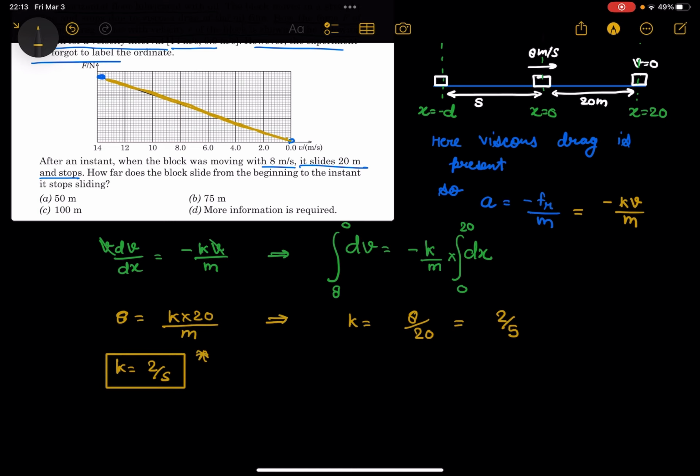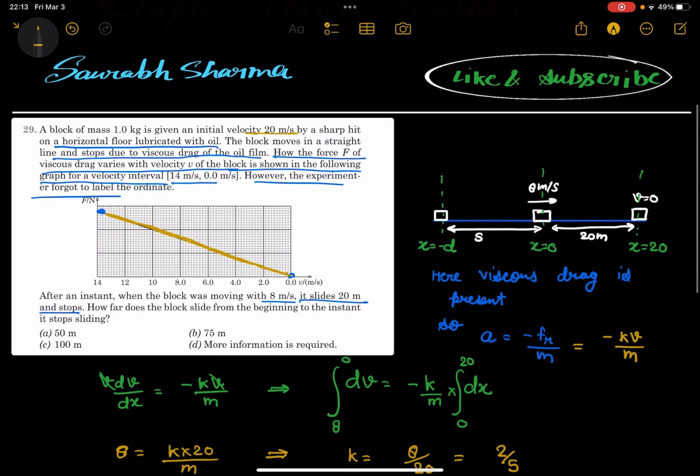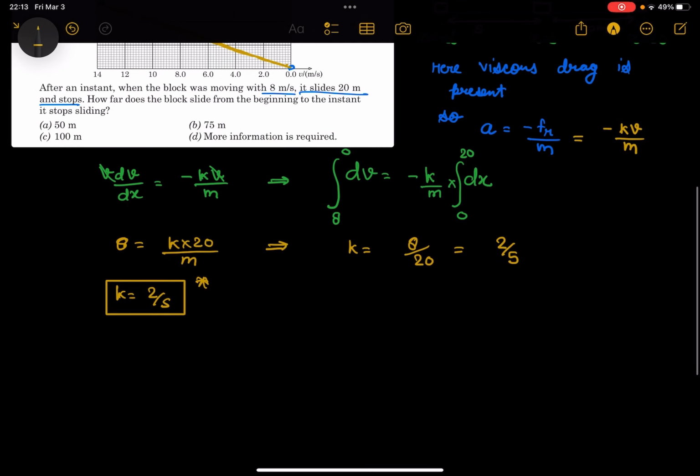Now we know the initial velocity. In this question the initial velocity is given as 20 meters per second, so the velocity here is 20 meters per second. We can easily proceed from this equation: dv is equal to minus k by m into dx, integrating on both sides.